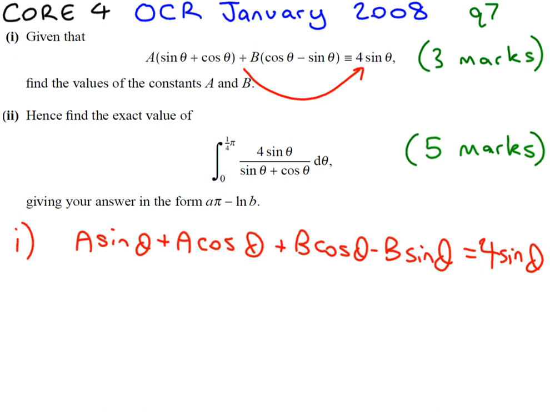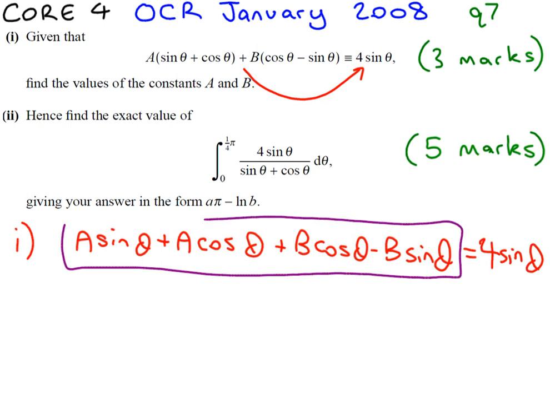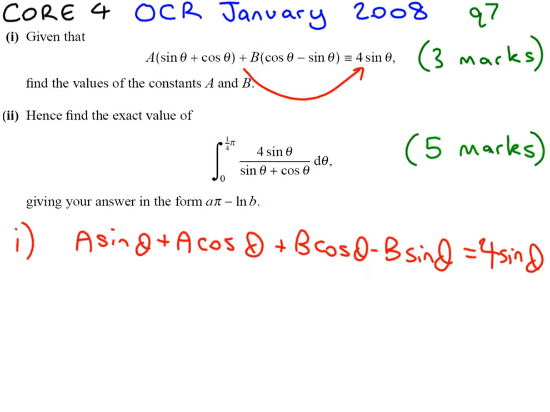Now we want to make the left-hand side look like something times sin theta, so we're going to collect together our sin thetas, and that means that we have (A - B) lots of sin theta.